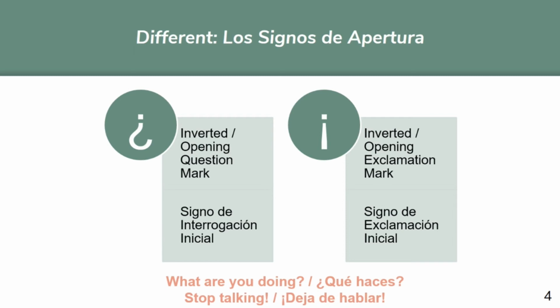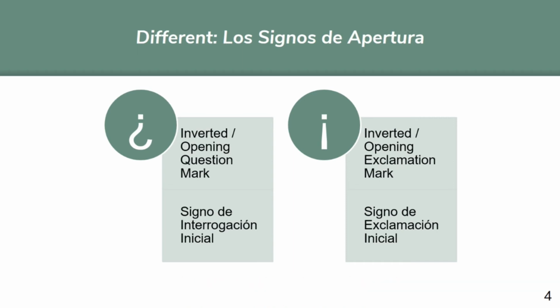If you've got three exclamation marks at the end of your sentence, you have to have three exclamation marks at the beginning, inverted, of course. And I feel like it's really helpful because in English, when you're reading the sentence, you don't really know if it's a question or if it's going to be an exclamation mark until you see the end. So if it's a really long sentence, you don't really know how you're supposed to be reading, like what kind of tone you're supposed to have until you get to the end.